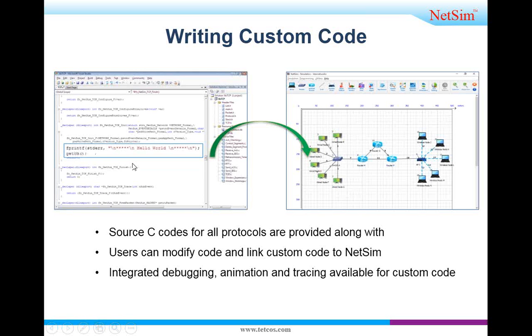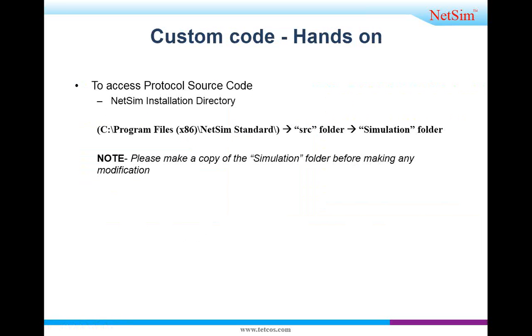It is a statement inserted here, and after building that program, it is linked with this GUI. I'll show you further how we can link it with NetSim. And these codes are available in the installation directory of NetSim. You can see Program Files and NetSim Standard.